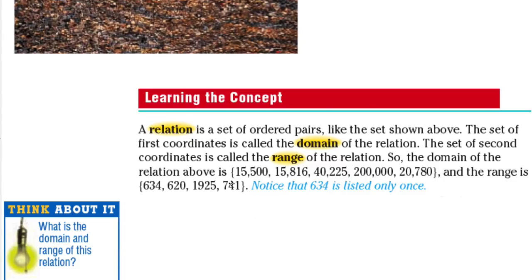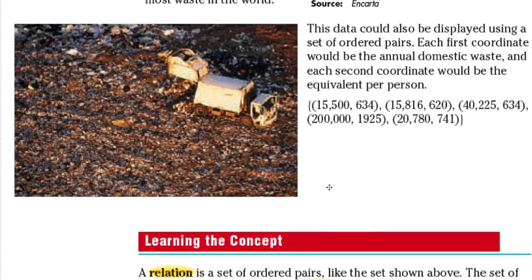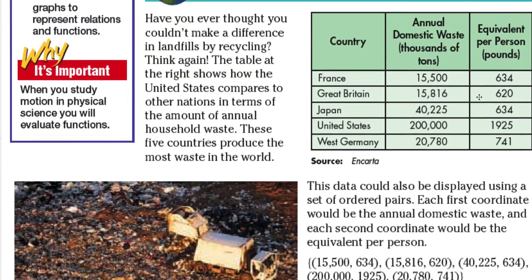And the range is 634, 620, 1,925, and 741. And if you notice, 634 is listed only once, even though there are two of them right here, one in France and the other one in Japan.